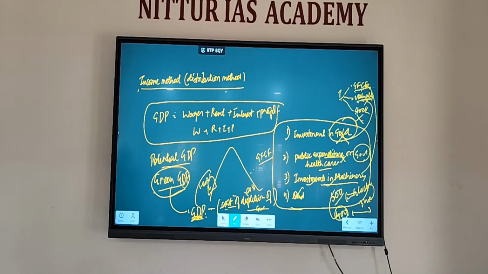Hence green GDP monetizes the loss of biodiversity and accounts for the loss caused by environmental changes.